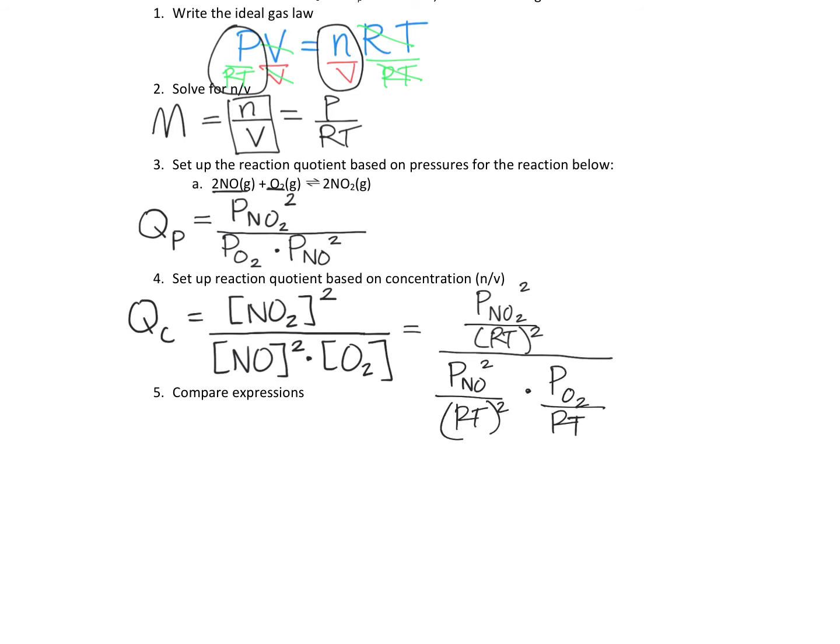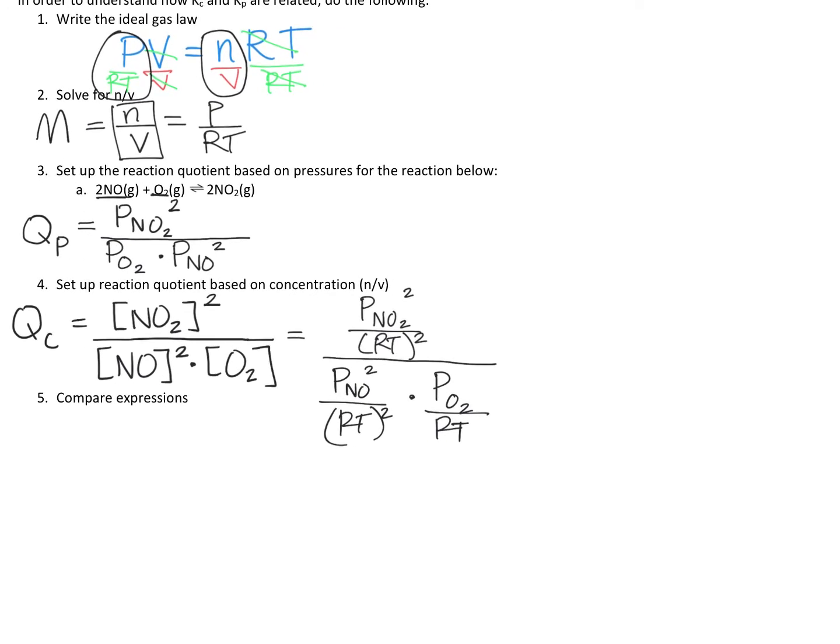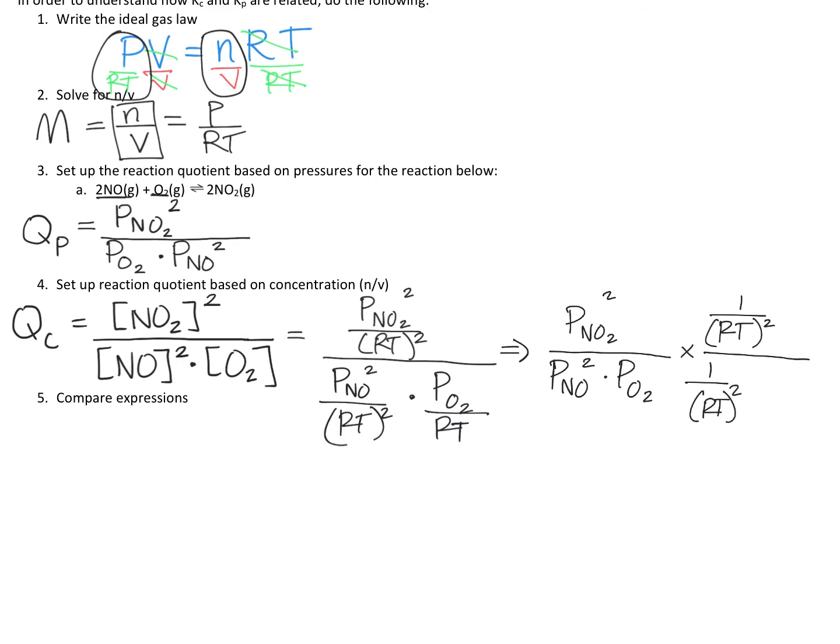So what I can do is separate out my RT terms. This is now equivalent to pressure of NO2 squared over pressure of NO squared times pressure of O2, times 1 over RT squared divided by 1 over RT squared times 1 over RT. I'm just separating out the terms of RT.